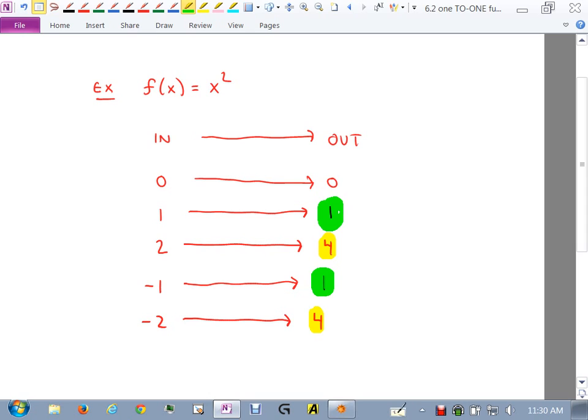But there is an output on the right side that actually comes from 2 different inputs, right? Do y'all see that? Another way of saying that is that if you take 2 different inputs, in this particular function, you are not guaranteed 2 different outputs. You actually have 1 and -1 going to the same place.